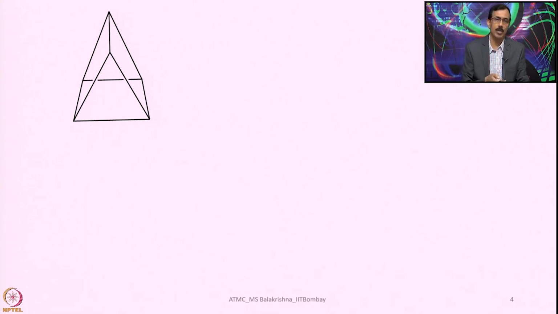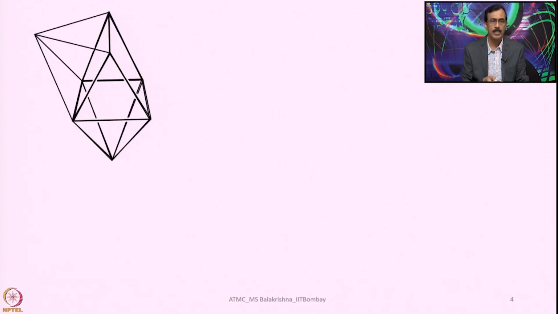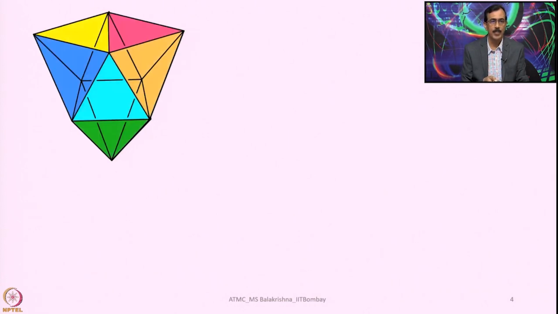Okay. This is the geometry adopted by ReH9 2 minus to accommodate 9 hydrogen atoms surrounding the rhenium atom. You can see this one, this is monocapped and this is bicapped and this is tri-capped trigonal prism, and you can distinguish these 3 new vertices added. So, total vertices are 9.